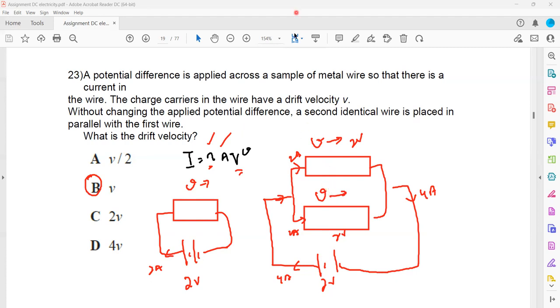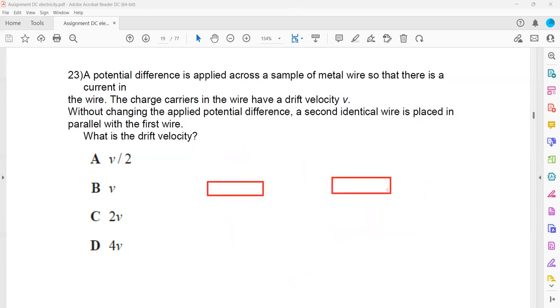But what if this same question was there and they say we connect them in series? So now what will happen? When we connect two components in series, the resistance will be R1 plus R2, which means the combined resistance will be high. If the combined resistance increases, the current will decrease.